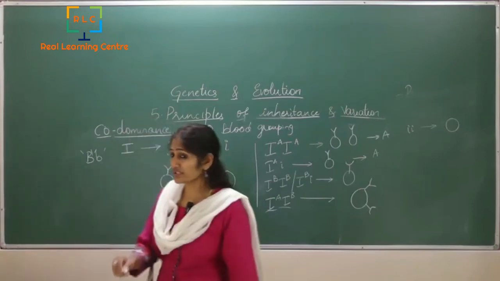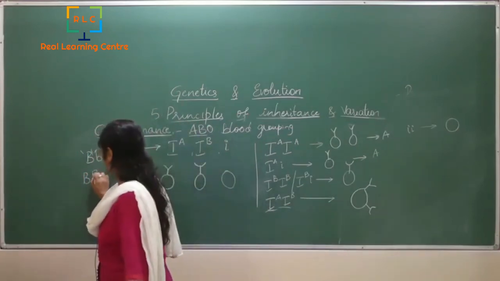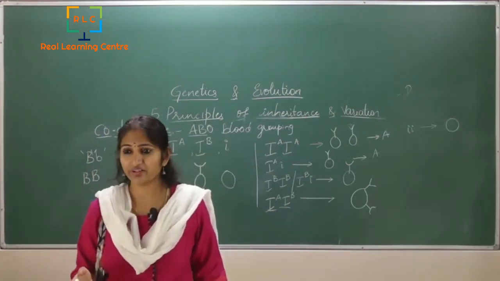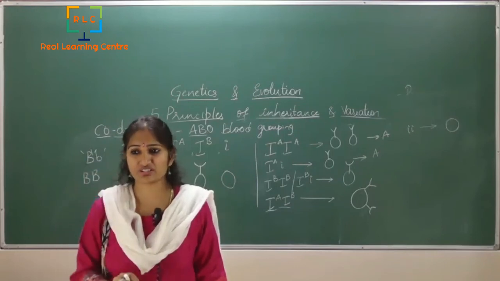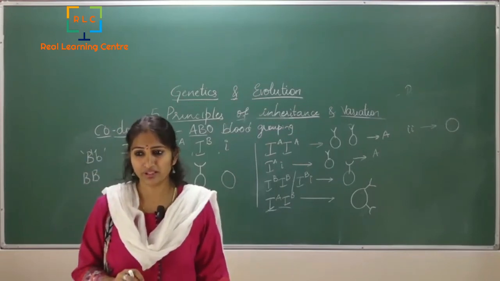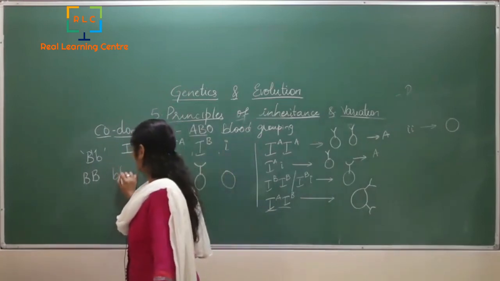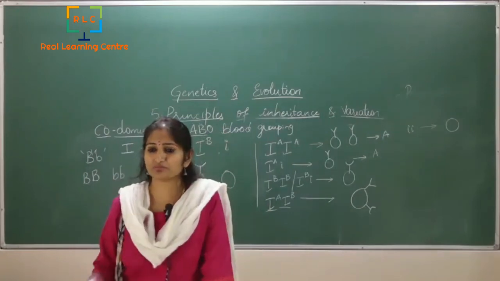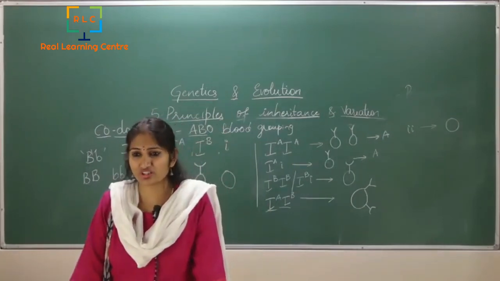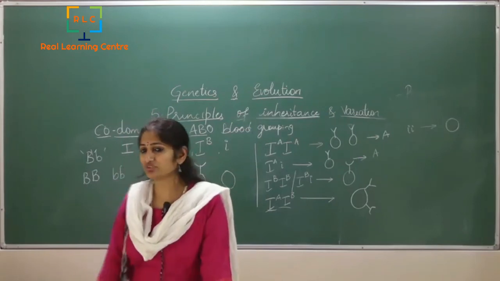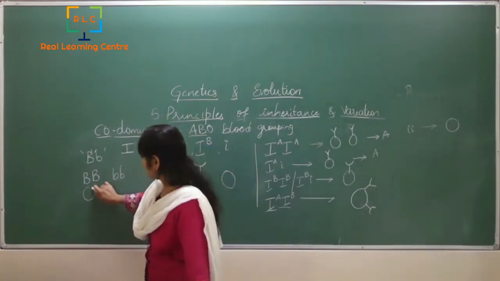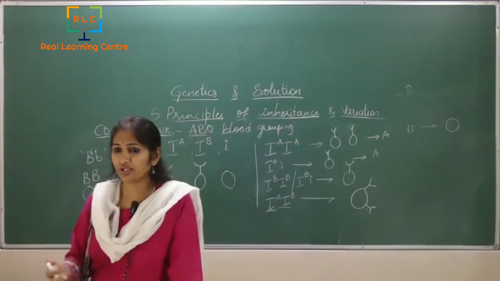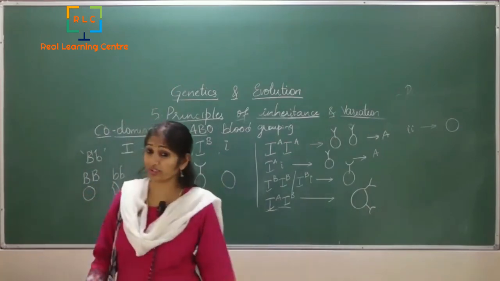Now if there is capital B and capital B, such plants are homozygous, right? And you see large starch grains are produced. Whereas if it is small b and small b, then you see much smaller starch grains. BB seeds are always round and bb seeds are always wrinkled, right? So B is considered to be the dominant allele.